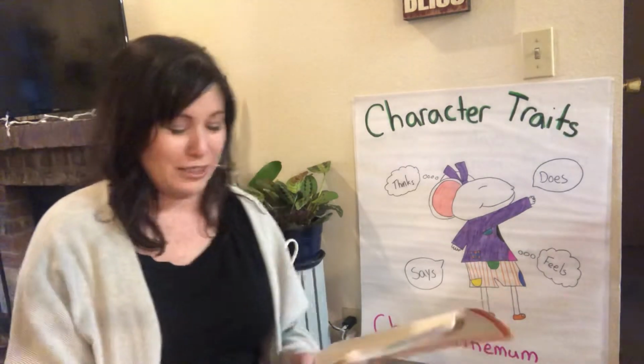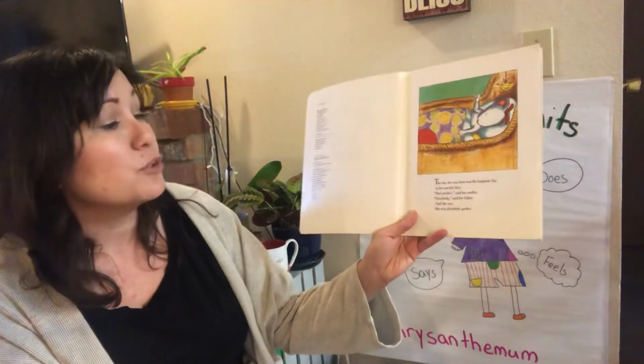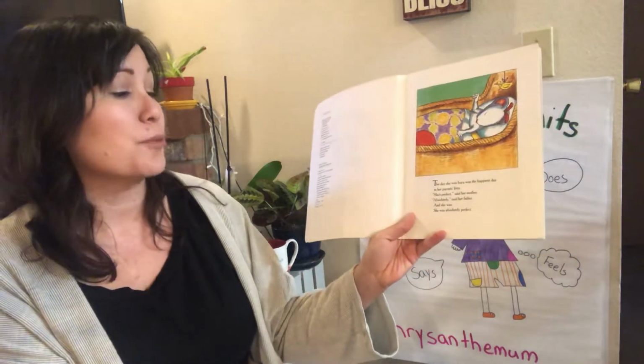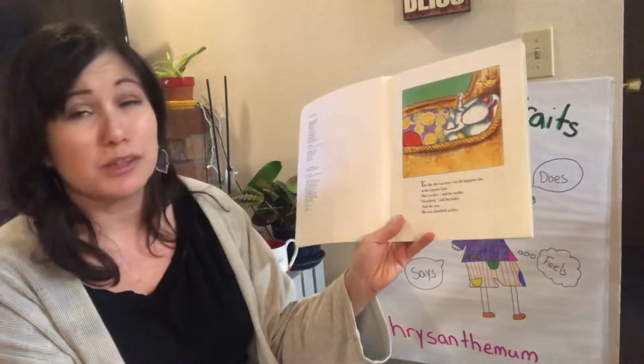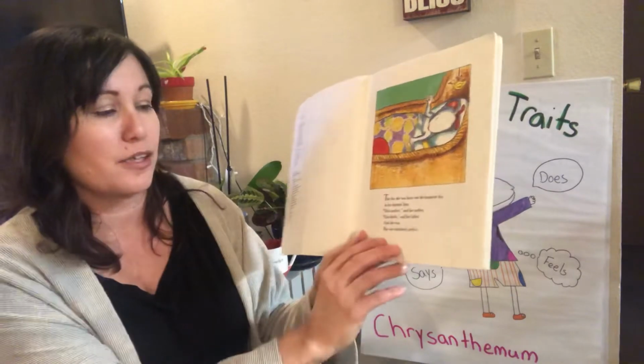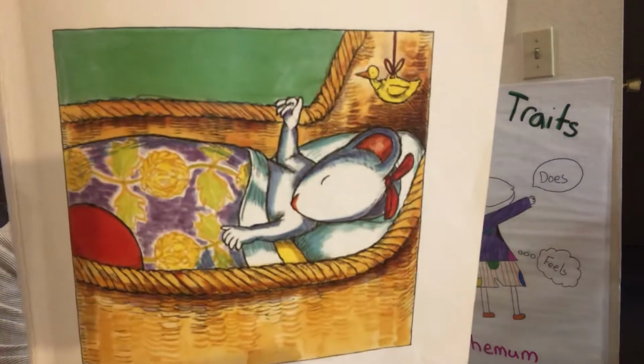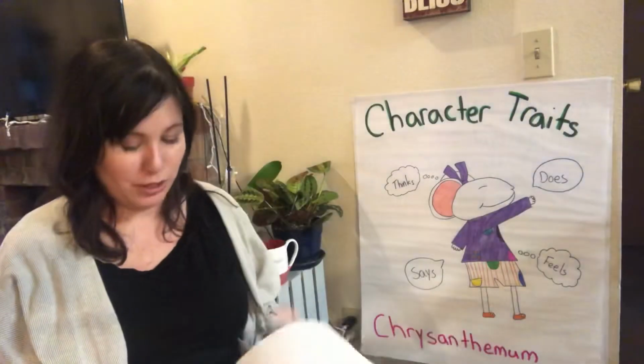Okay, let's get started. Chrysanthemum by Kevin Henkes. The day she was born was the happiest day in her parents' lives. She's perfect, said her mother. Absolutely, said her father. And she was. She was absolutely perfect. Look at that cutie.